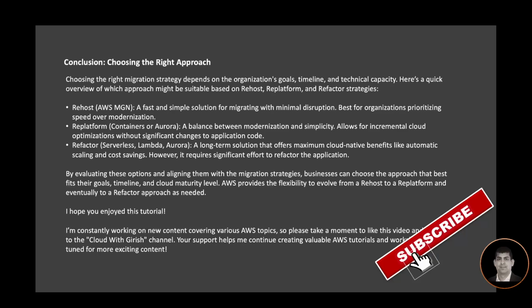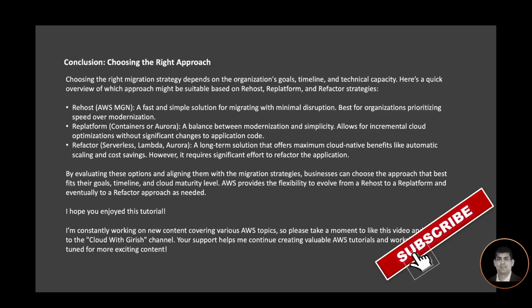So again, here is a quick overview of which approach might be suitable based on Rehost, Replatform, and Refactor strategy. Rehost is using AWS migration service, a fast and simple solution for migrating with minimal disruption. Best for organizations prioritizing speed over modernization.